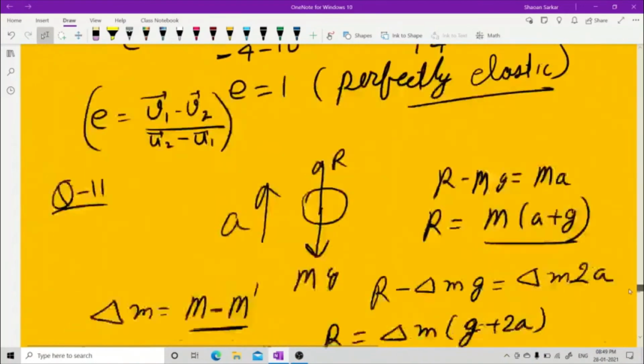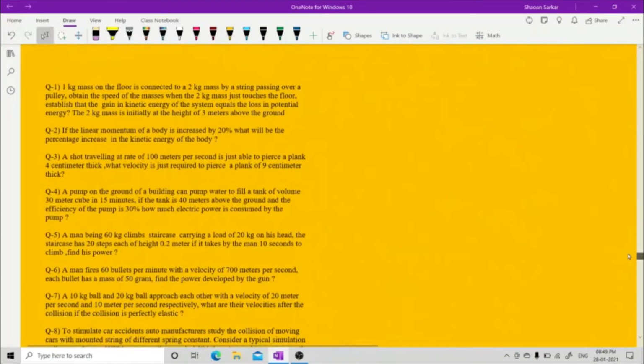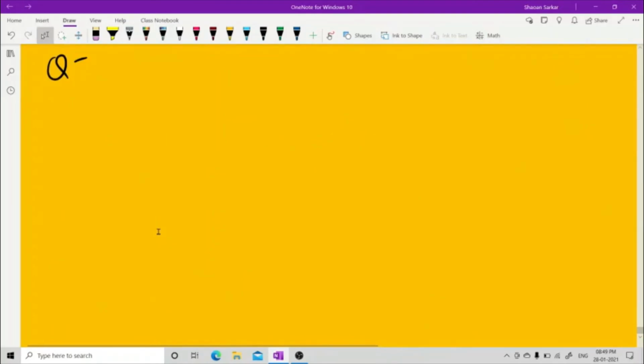Wait a minute, it's going very fast. Question number 4 it is. Question number 4 is saying mass is volume into density.